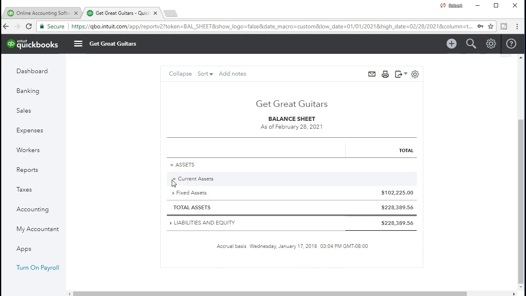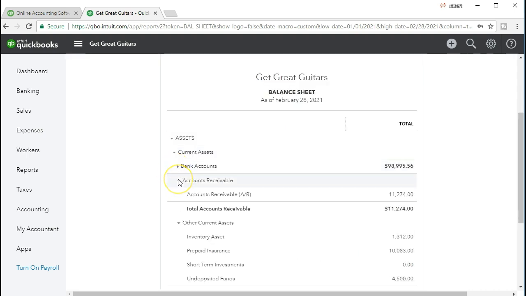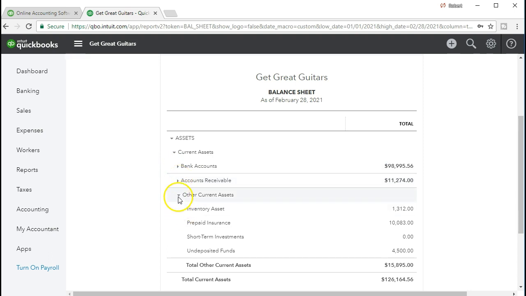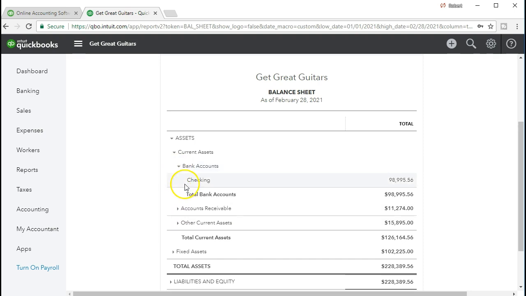If we open up the current assets, then we have within the current assets, let's close these up. We've got the subcategories of the bank accounts, accounts receivable type accounts, and other current assets. So again, I just opened up current assets and then closed all the sub accounts within there. Within the bank accounts, this is the most liquid current asset, and that's going to give us the checking account, of course.